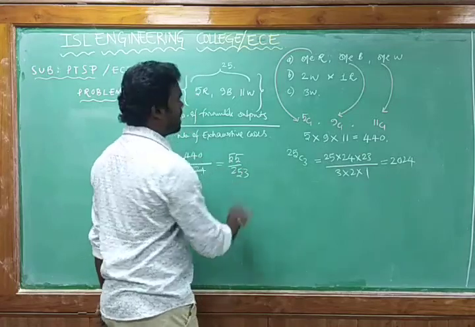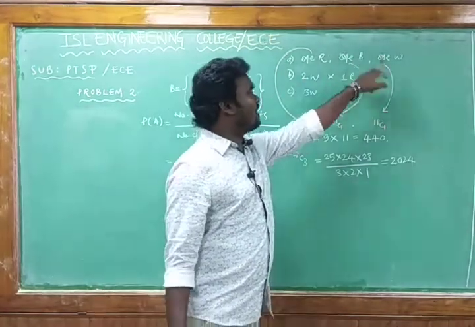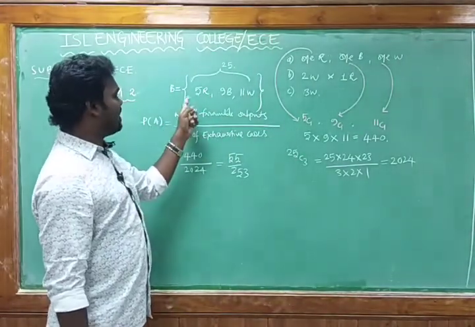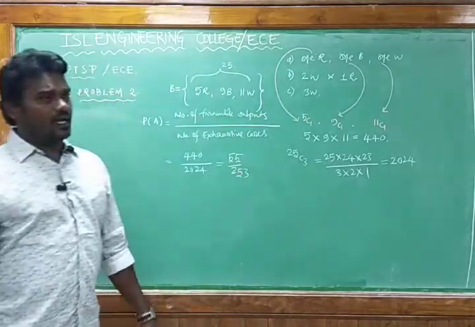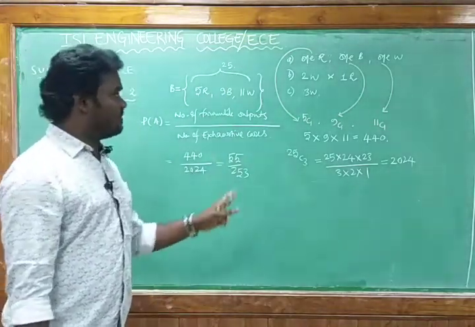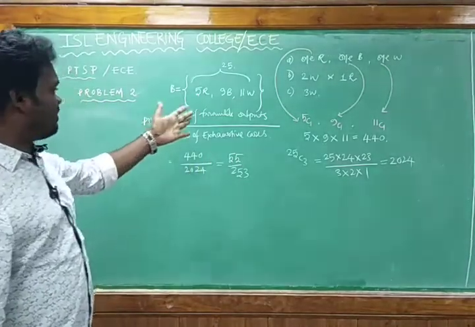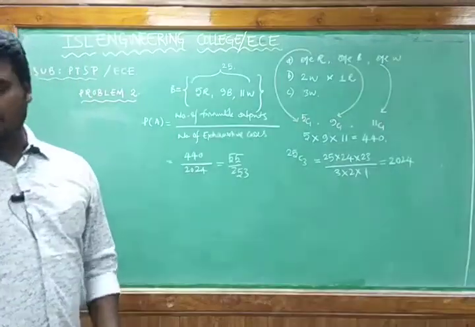That means the probability of getting one red, one blue and one white from the 25 balls, in which 5 are red, 9 are blue and 11 are white, when 3 balls are chosen together, is 55 by 253. This is the first question.